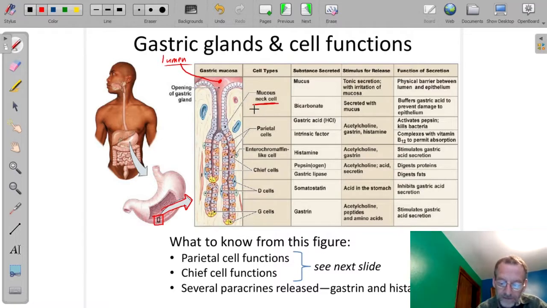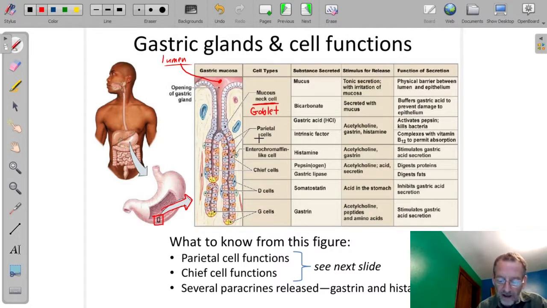Goblet cells. Lots of mucus is produced, and there is bicarbonate in the mucus also to help buffer the acid so it doesn't wear through the mucus and start to erode the lining of the mucosa.